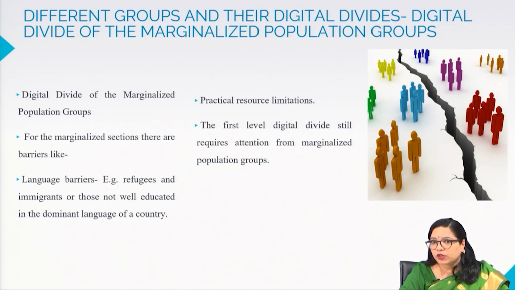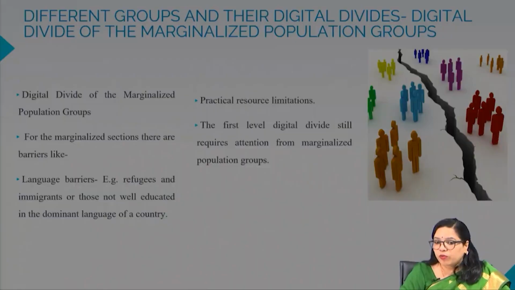For example, socially excluded and distressed urban areas and remote rural areas can cause social exclusion and hinder the process of digital technologies assimilation throughout the society. The first level digital divide therefore requires effort from the marginalized population group if they want to be digitally included.